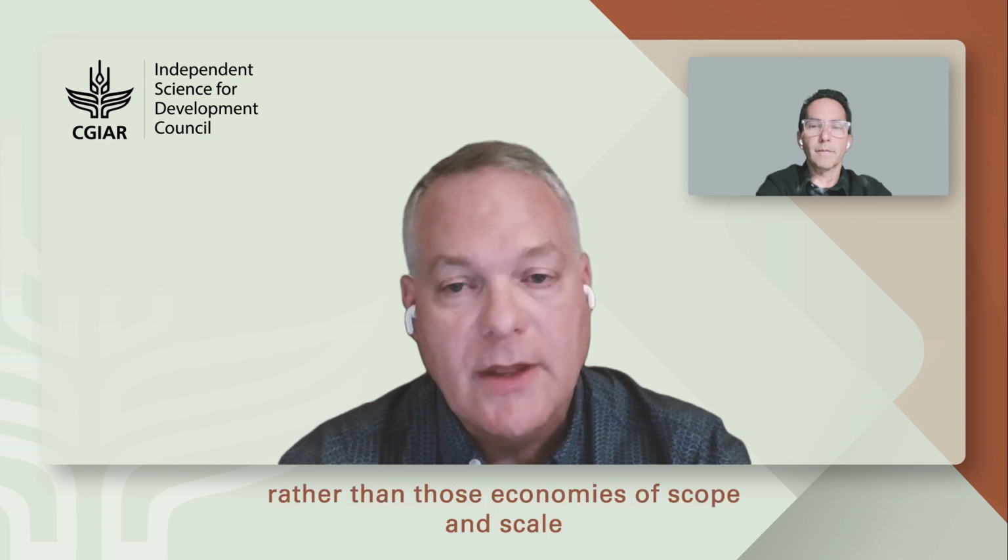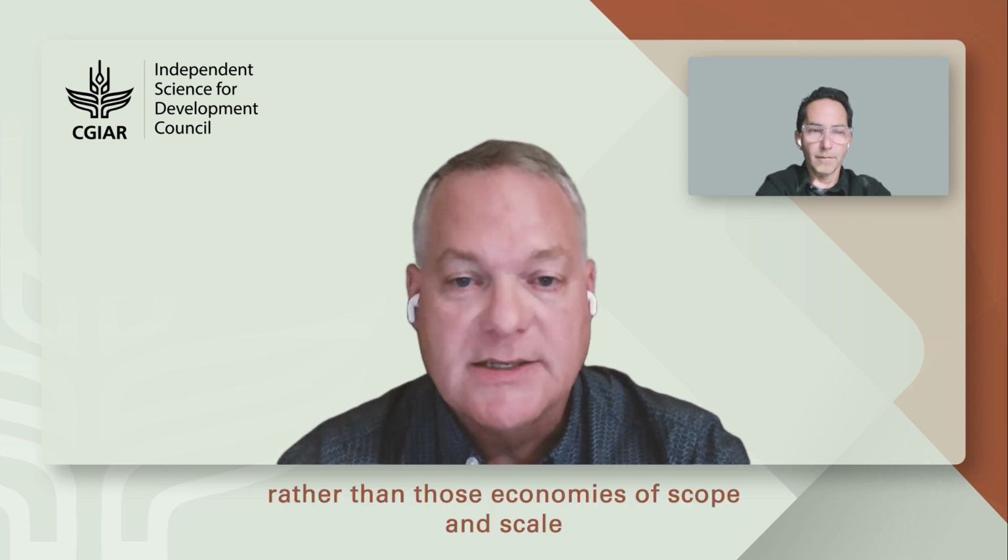They're about creating an ecosystem in which each organization is made better by others doing related things, rather than those economies of scope and scale being internal to an organization.